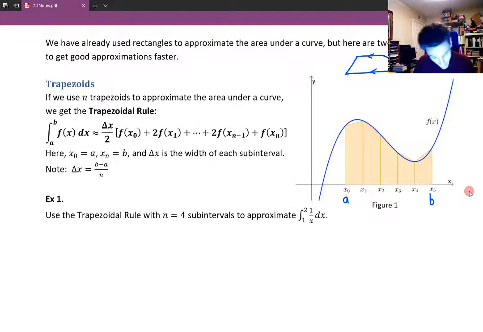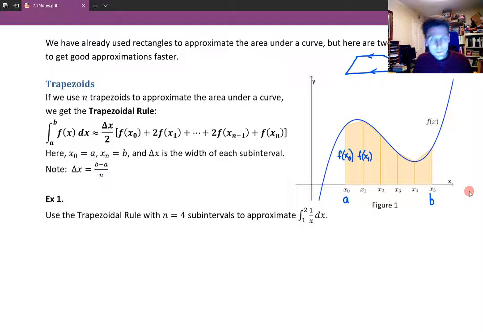Like we just said, the height of the first parallel side of the trapezoid is f of x sub 0, and the other parallel side has height f of x sub 1.